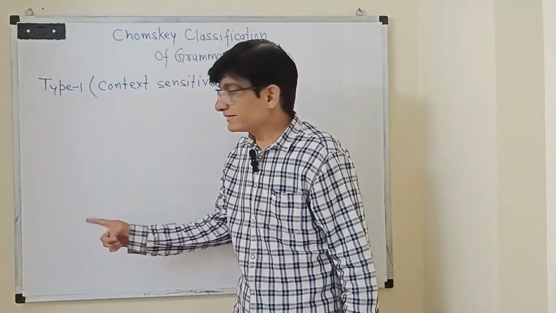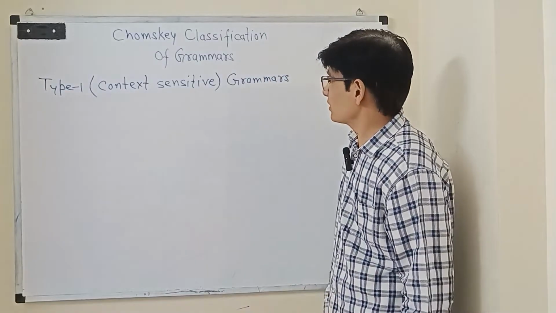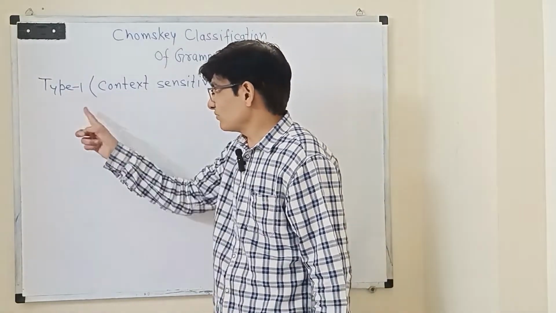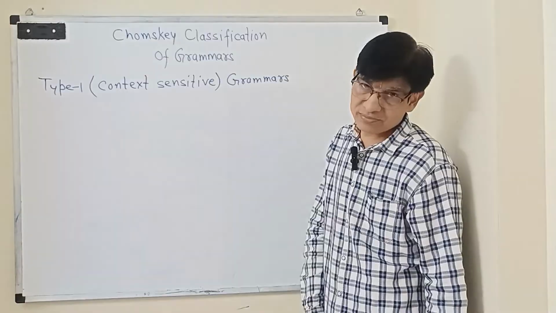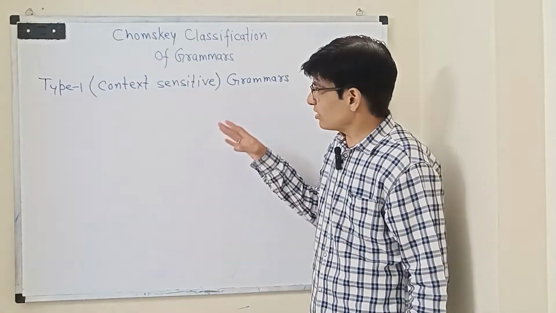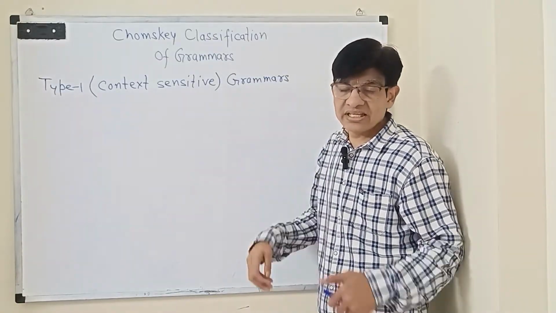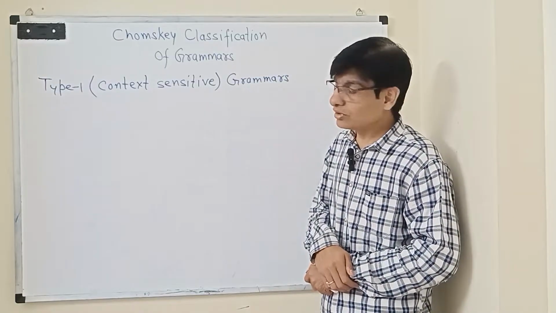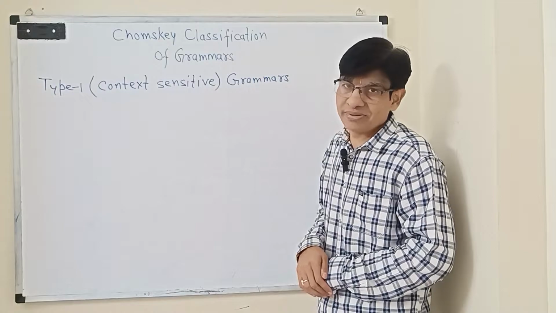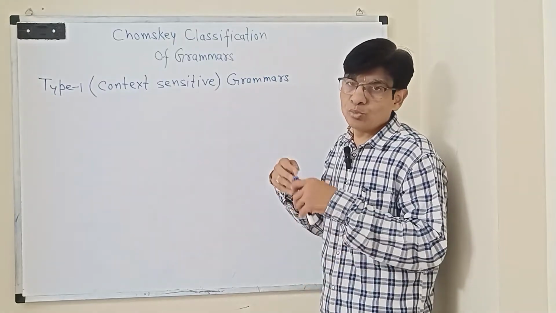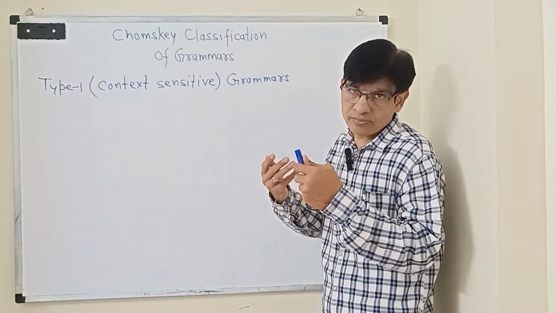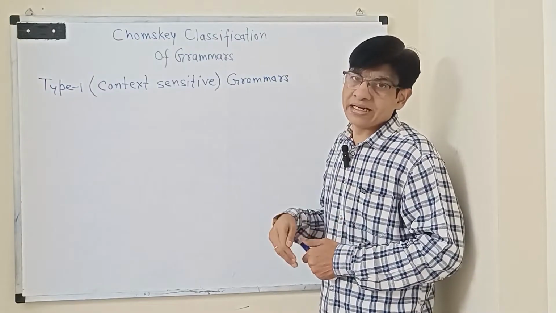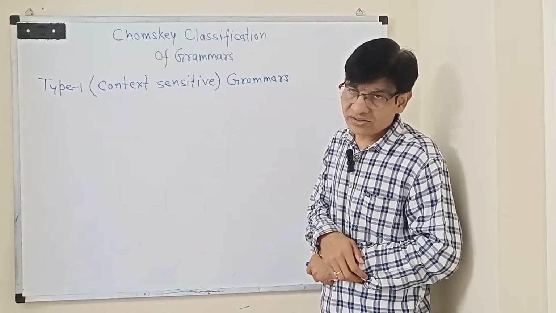So now, friends, this is another class of grammar, type 1 grammar, which is also known as context sensitive grammar. In type 1 grammar, all restrictions of type 0 grammar are also applicable. What we are doing basically is applying more and more restrictions on production rules of the grammar, and we are creating the different classes of grammar.